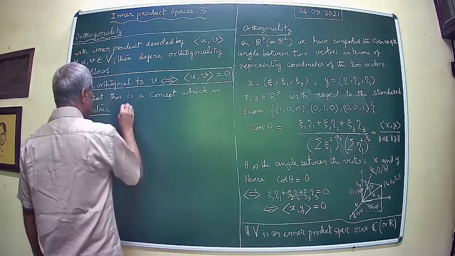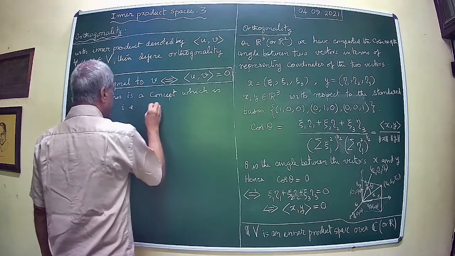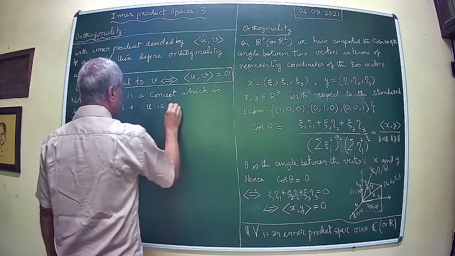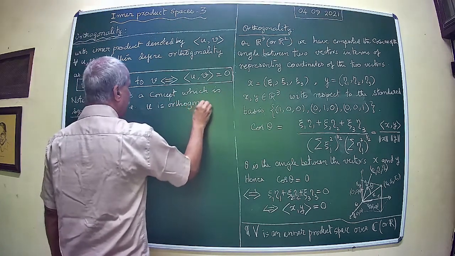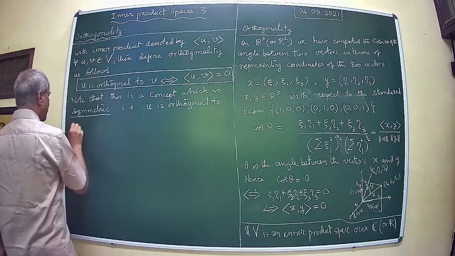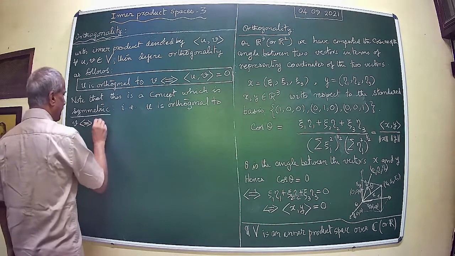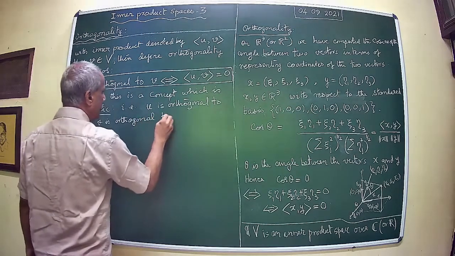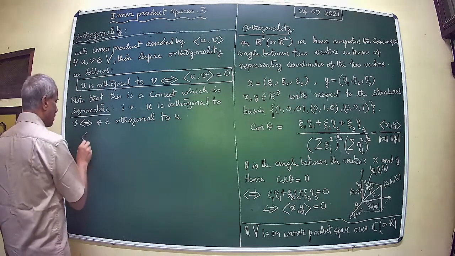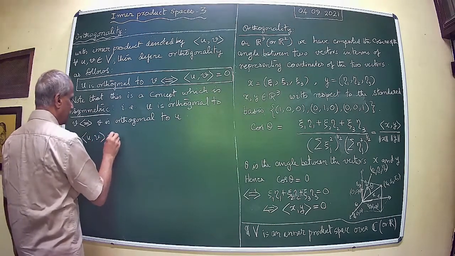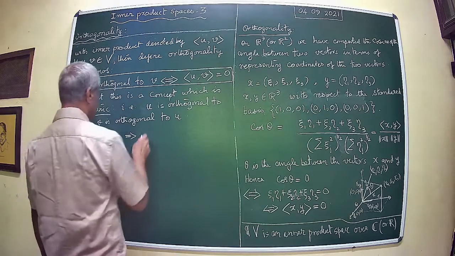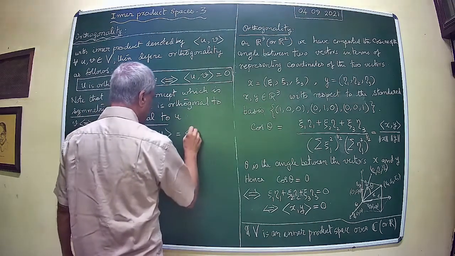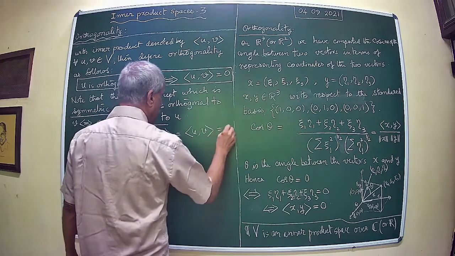You see, U is orthogonal to V if and only if V is orthogonal to U. This is because, you see, inner product of U, V equal to 0 implies inner product of V, U equal to 0.